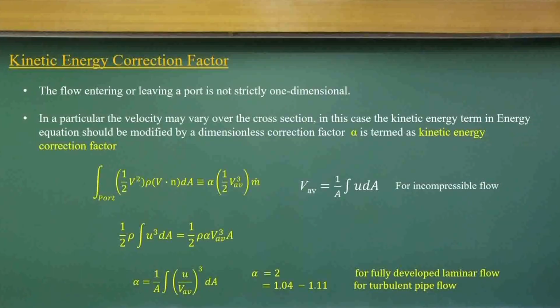Now, let us come back to the fact that whenever you have a fluid flow problem, like fluid flow through a pipe, definitely the velocity distribution is not uniform. The velocity distribution will change from laminar to turbulent.